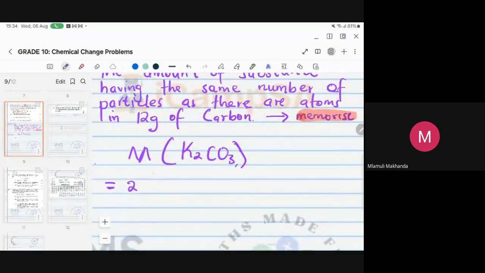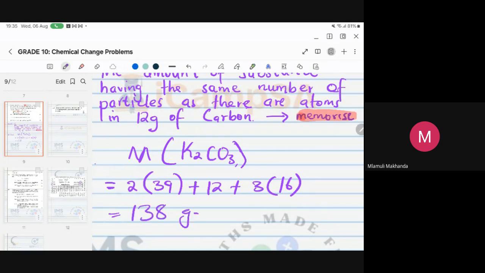So we'll have 2 times 39 plus 12 plus 3 times 16. Then you can just punch this in your calculator. This is 138 grams per mole.